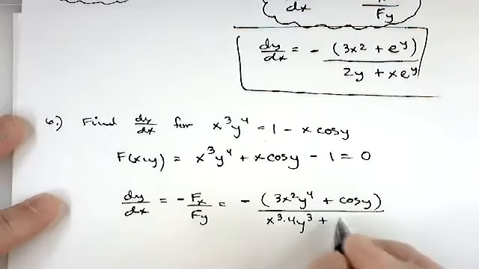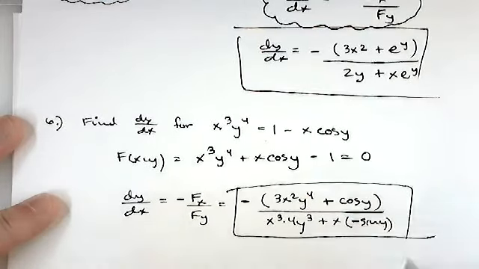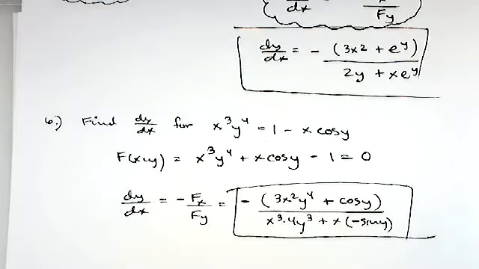It's going to be plus x times negative sine of y. Done. Super easy, right? Way better than doing 2 product rules and all that stuff.